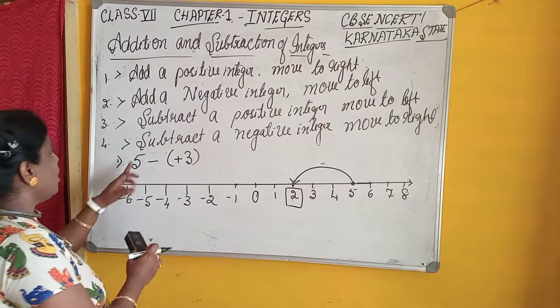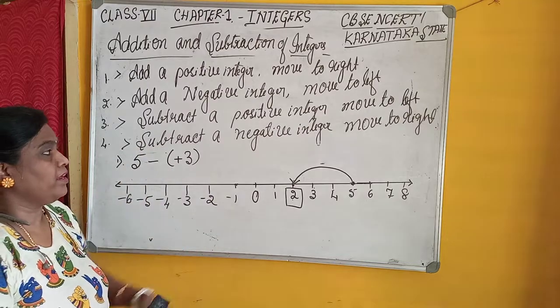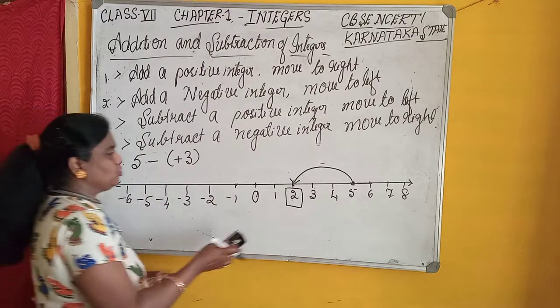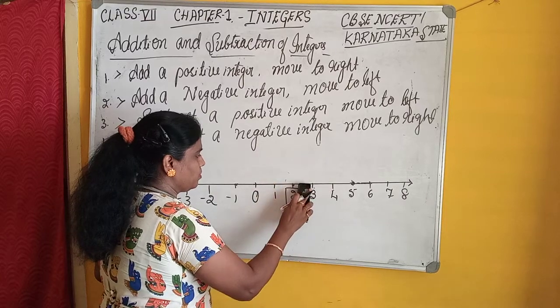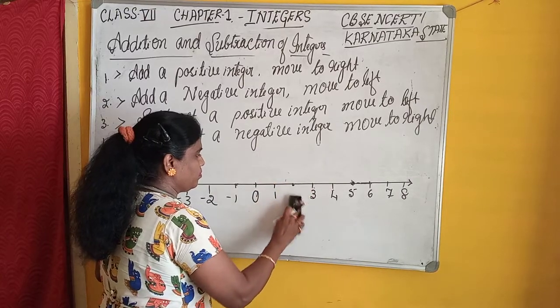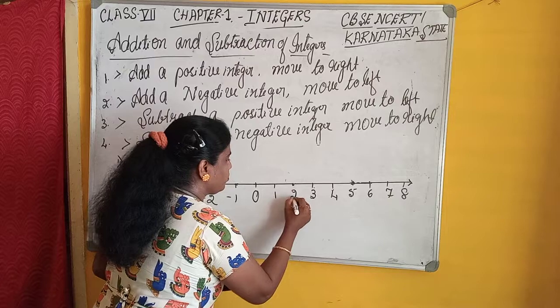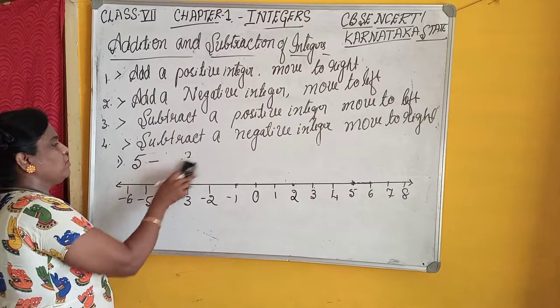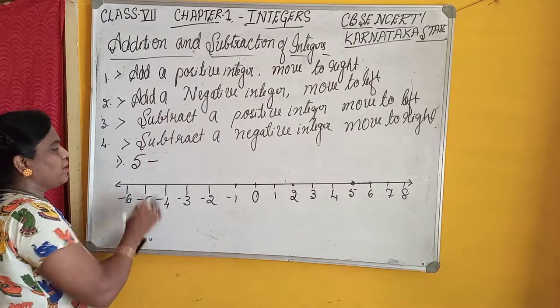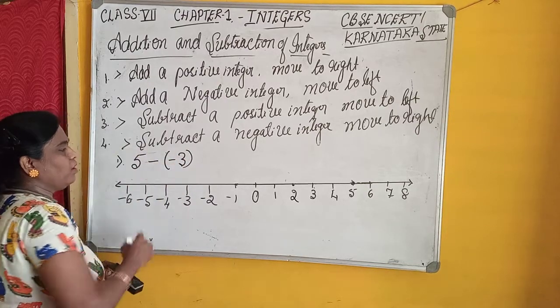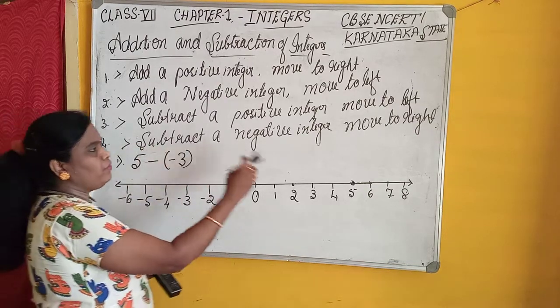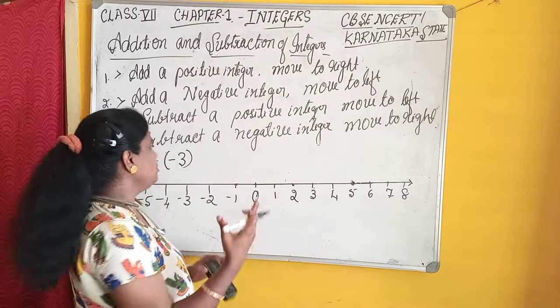Understand? And the last, when we subtract a negative integer, move to right. Here we were subtracting the positive integer and next we are subtracting the negative integer. What happens when we subtract a negative integer? We have to move to right.